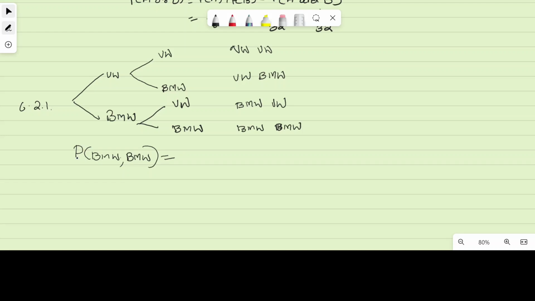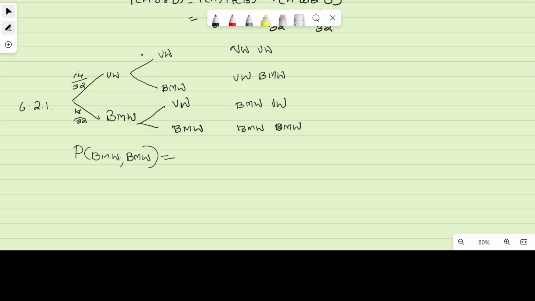The tree diagram is not finished without the probabilities marked there. The probability of stealing a VW out of the 32 cars is 14 over 32, because there were 14 VW cars. The probability of stealing a BMW out of 32 cars is 18 over 32, because there were 18 BMW cars.